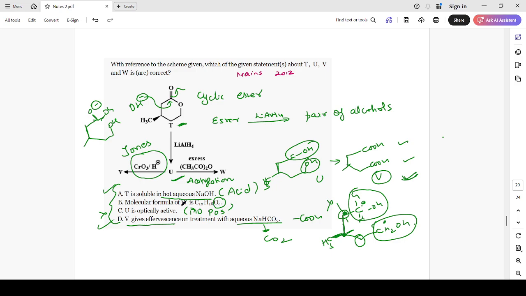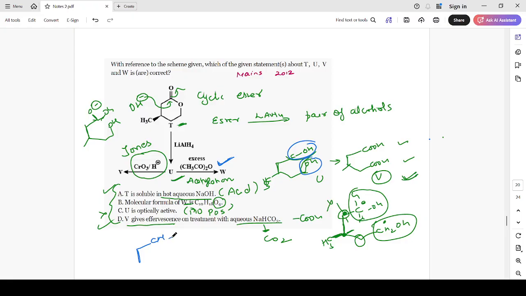Yes, that's also right. The molecular formula of W is provided to you. What is U for us? This is our U. Yesterday we were learning about this acetylation reaction. So I'm having CH2OH and OH is there. To this I'm acetylating. So what would have happened?